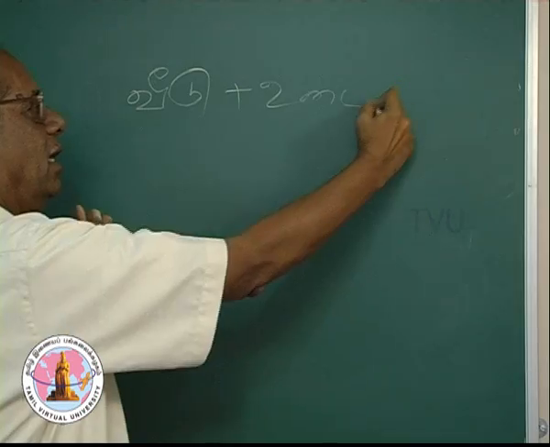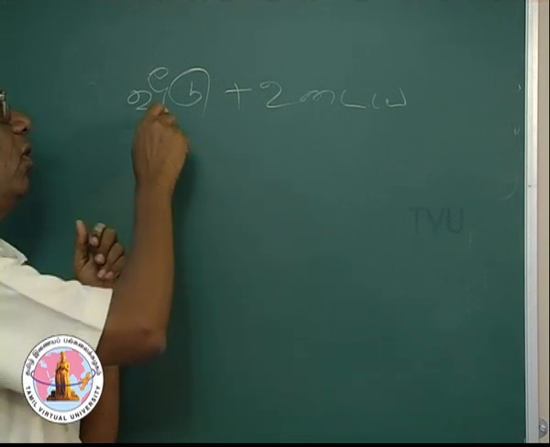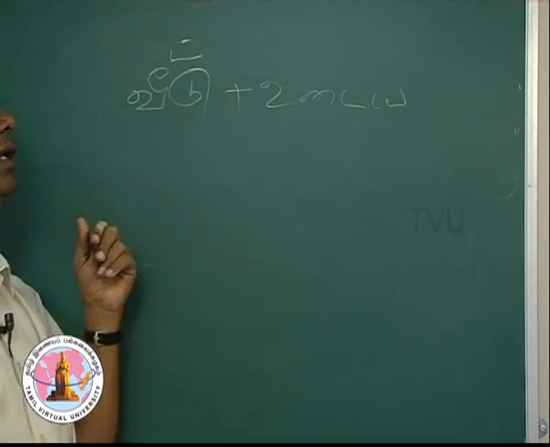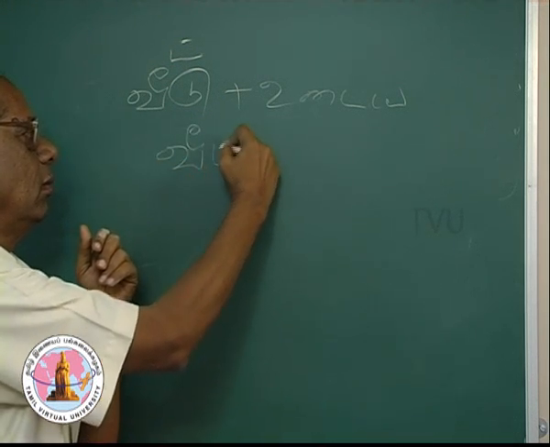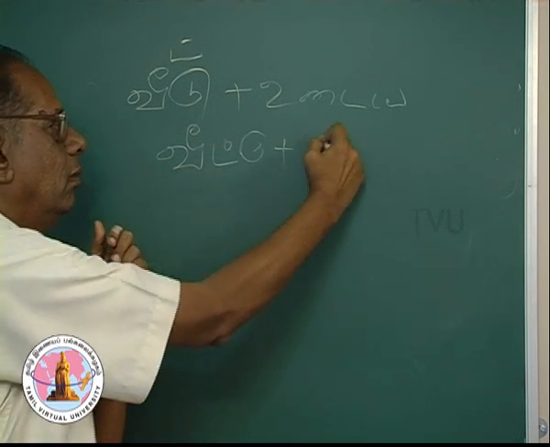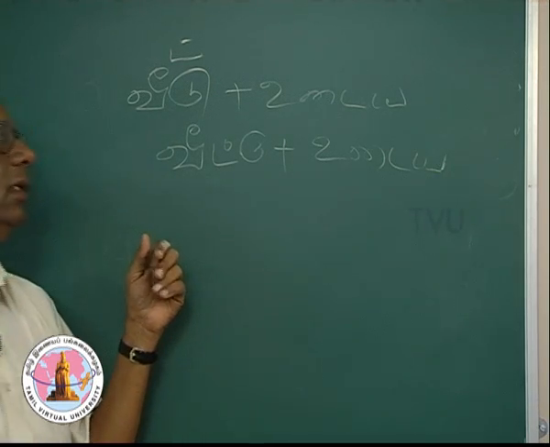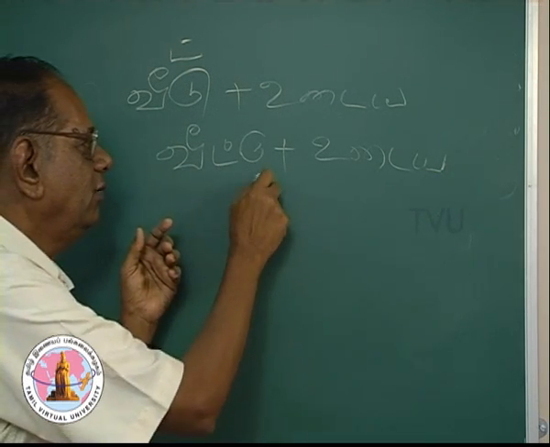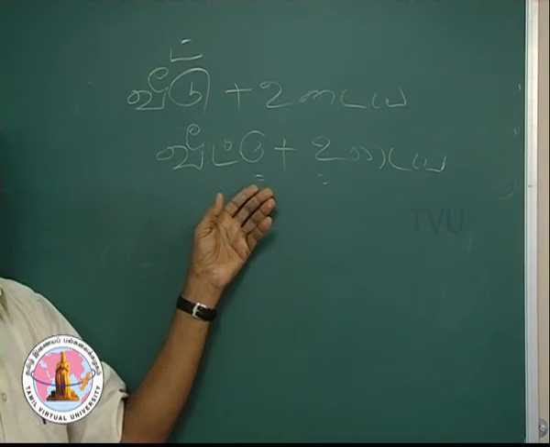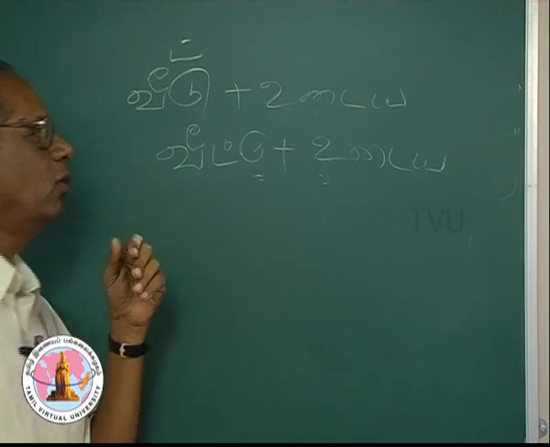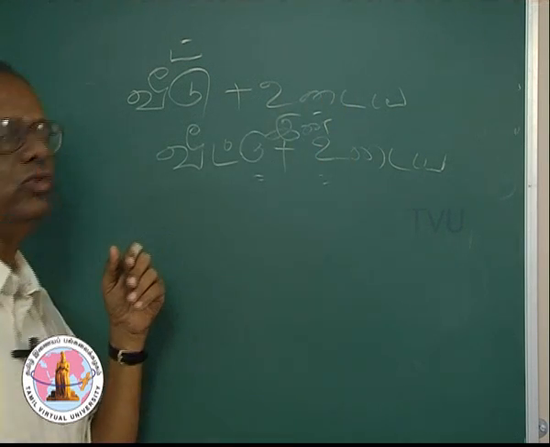When you add this case marker, what happens? First of all, it becomes வீட்டு. Here you find this is ending with "u", a consonantal vowel. So a suffix was introduced.